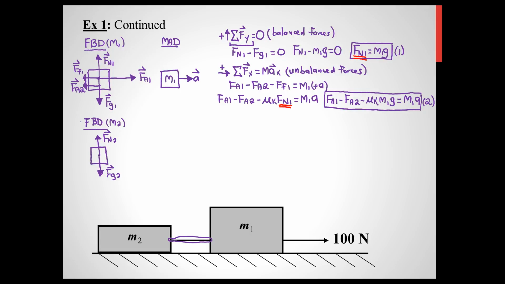Now here is where Newton's third law of motion would be applied. So if I was M2, I would feel the tug of this rope pulling me forward. We'll call that Fa2.